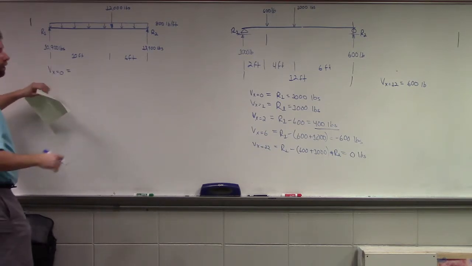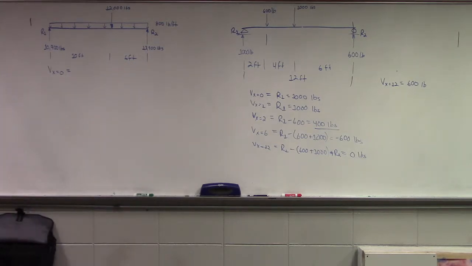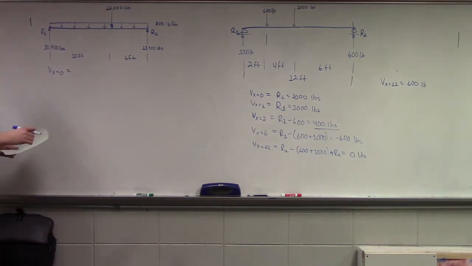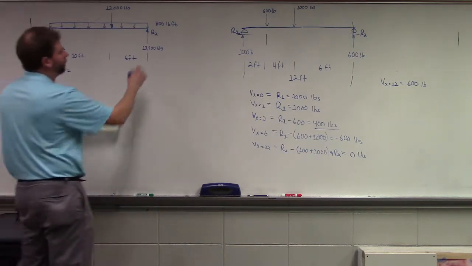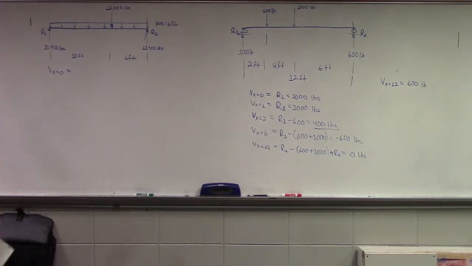Are we going from R1 to R2? Shouldn't we go from R2 to R1 since that's the larger force? It makes the most sense to go for the bigger force. Remember what happens when we make that cut just before it too.